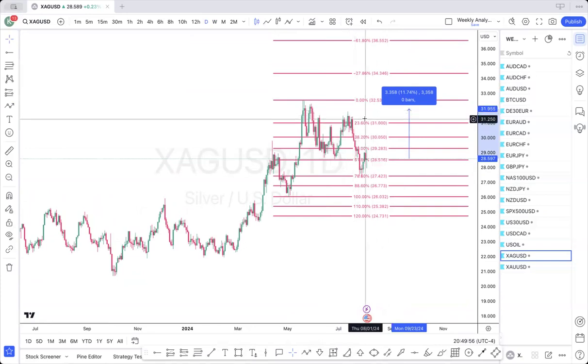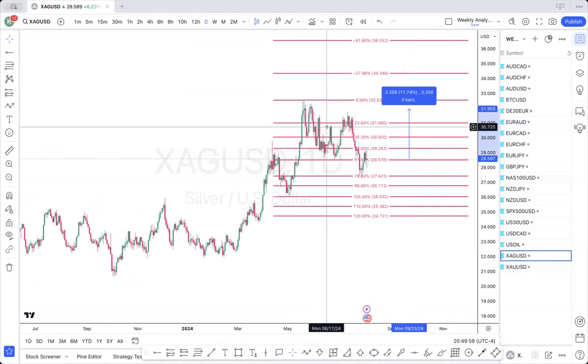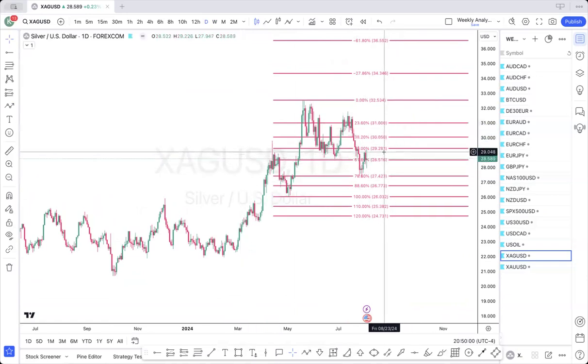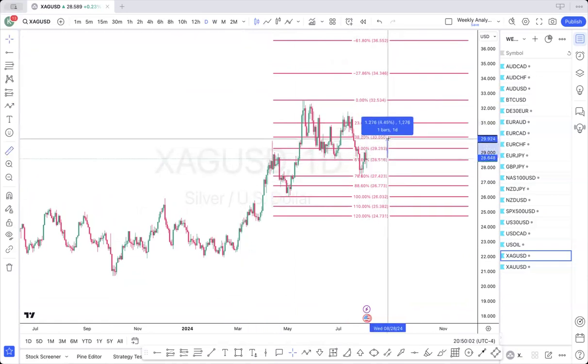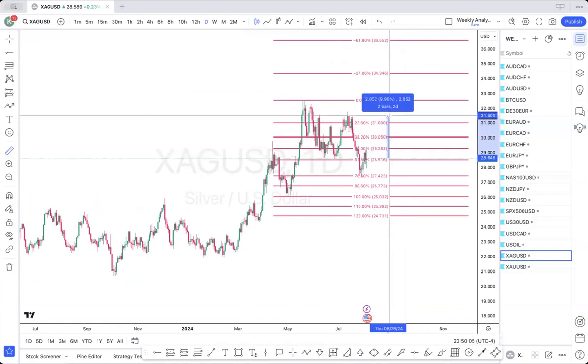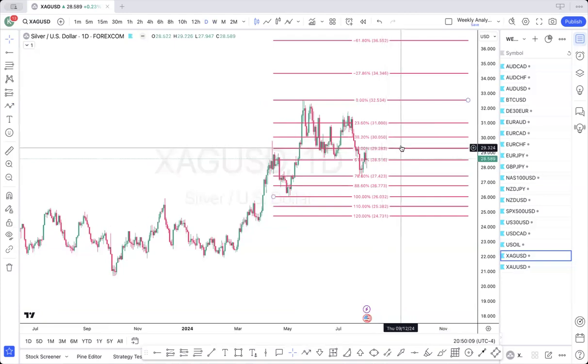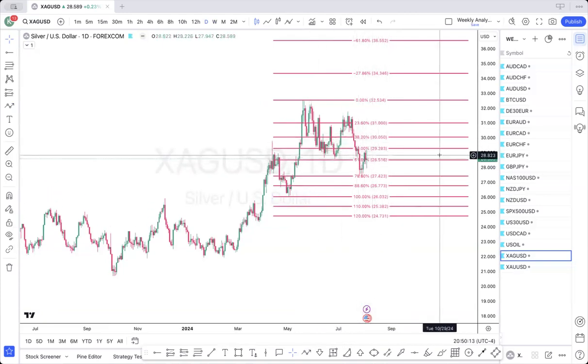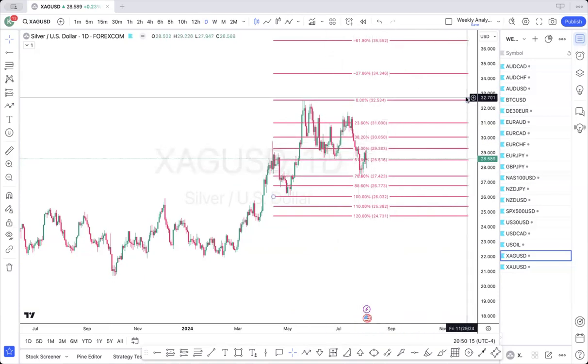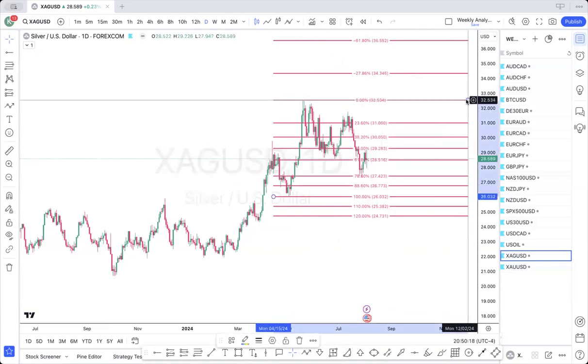Again, even if it's from here to these highs, that's around 2,000 pips. So we shall see what price gives on silver. I'm not going to put an alert on this one.